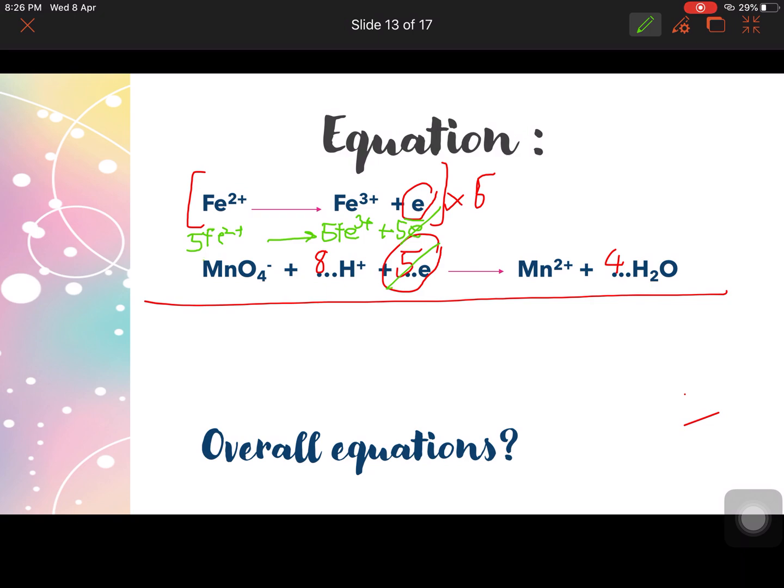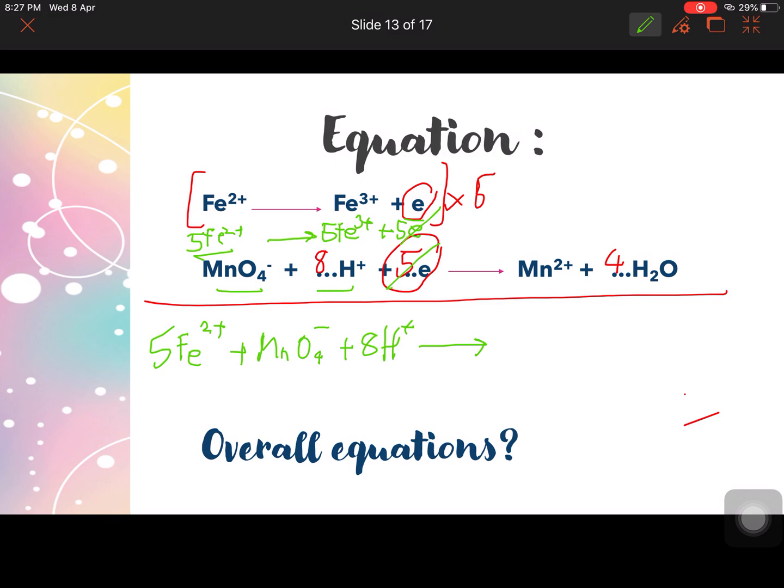Jadi tulislah balik. This one is 5 Fe2+ with this one MnO4- plus with this one 8 hydrogen. Electron dah habis.